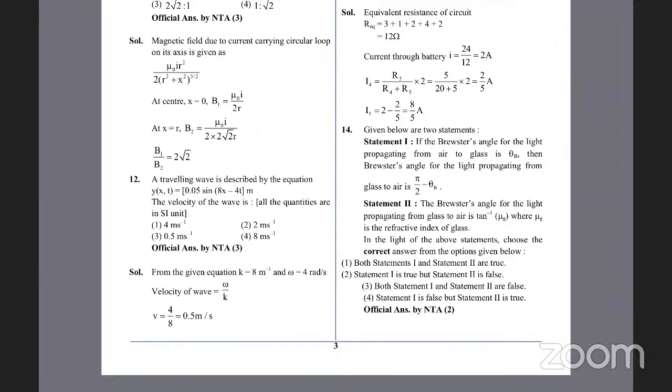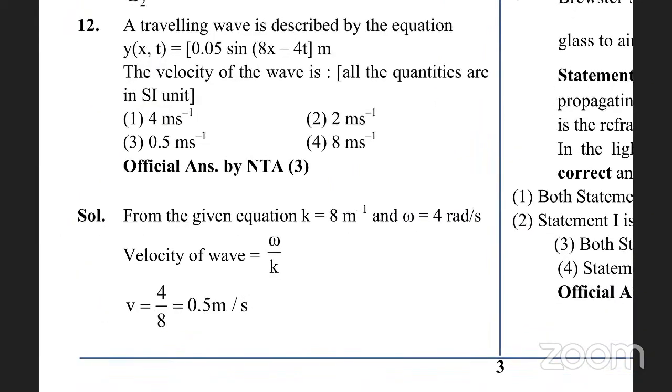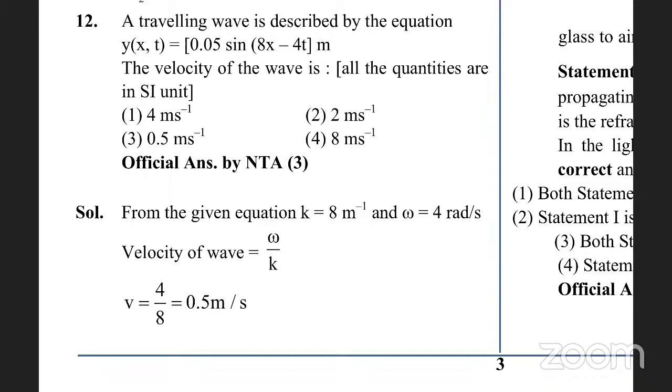Let us go to the next one. Look at a traveling wave described by the equation y is equal to 0.05 sine (8x minus 40t). We need the velocity of the wave. It's very straightforward.